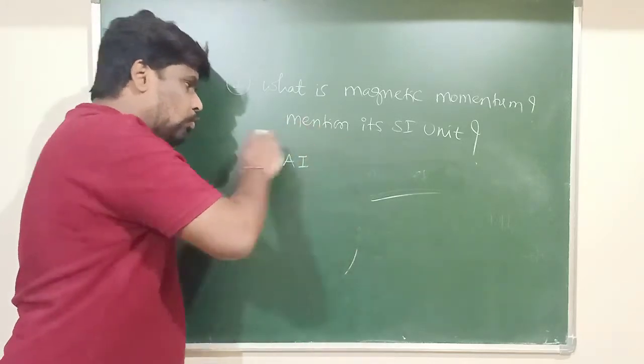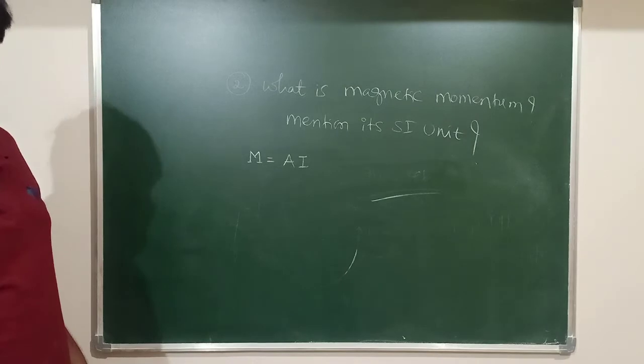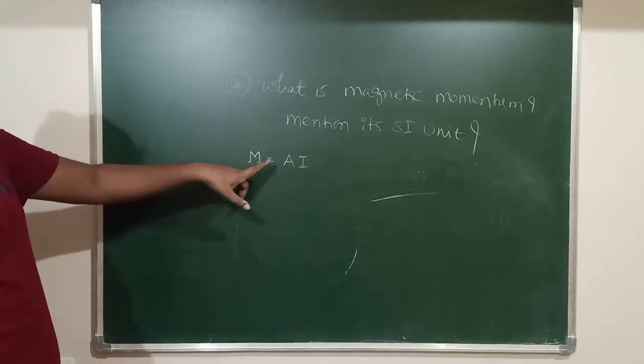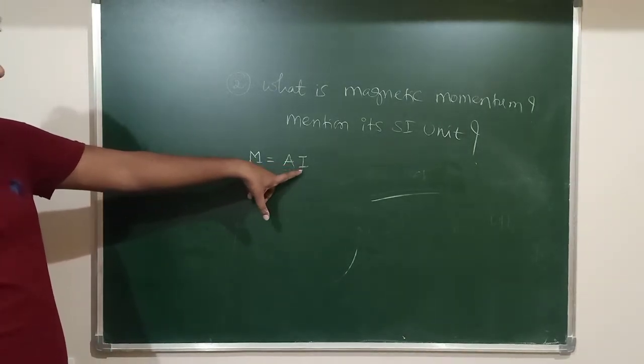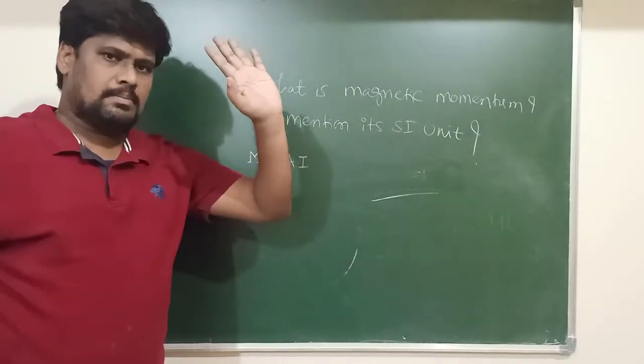Area of the loop. What is I here? Current in the loop. The product of area of the loop and current in the loop is called the magnetic moment.